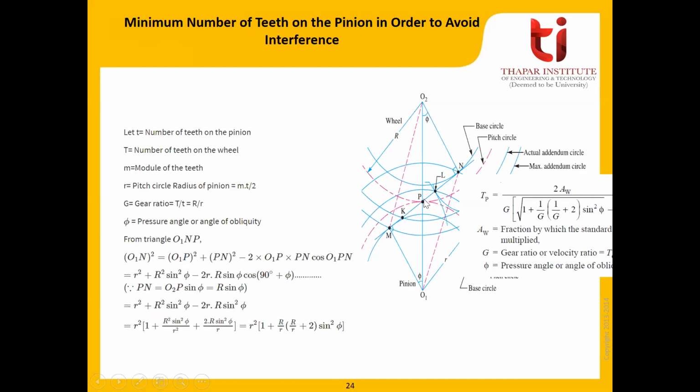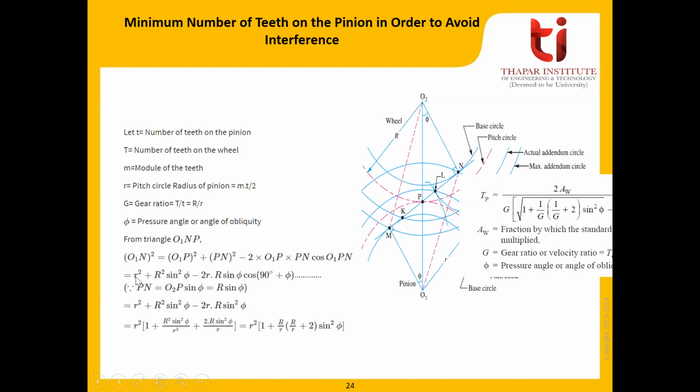Pn is capital R sine phi, because O2n is capital R cos phi, and this is Pn, capital R sine phi.